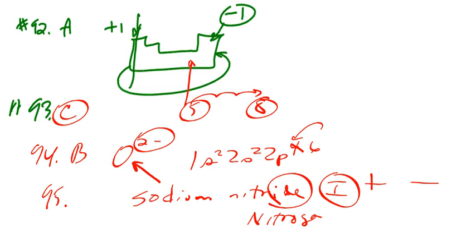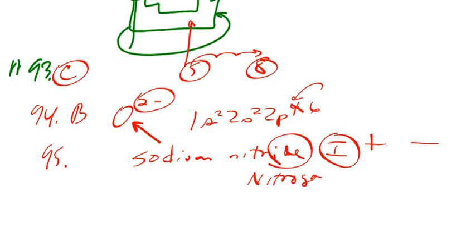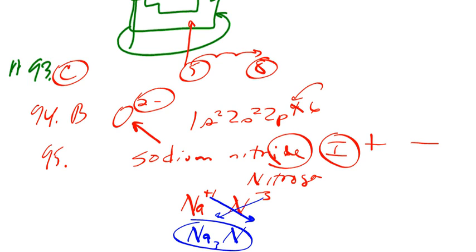So it's sodium and nitrogen. We're going to get sodium with its +1 charge, nitrogen with a -3. When you cross them over, we're going to get Na with a 3 and N with a 1, and you don't need to show the 1. That'll be your formula. So number 95, the answer is C.